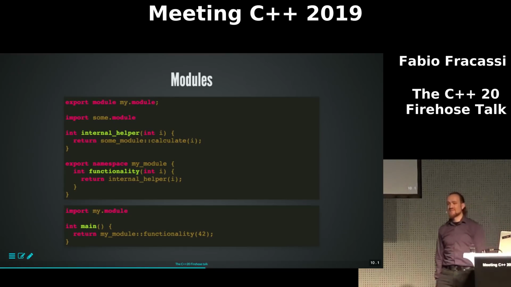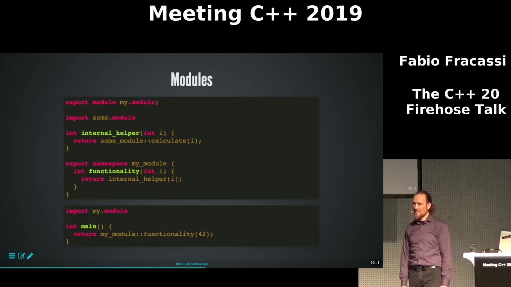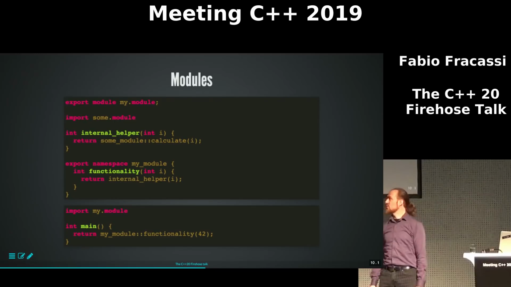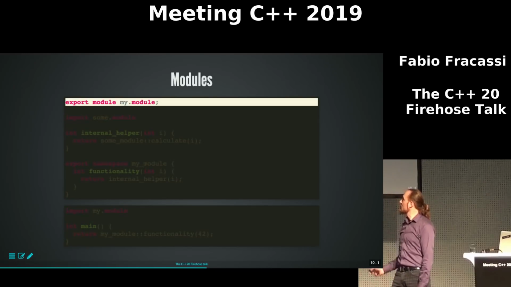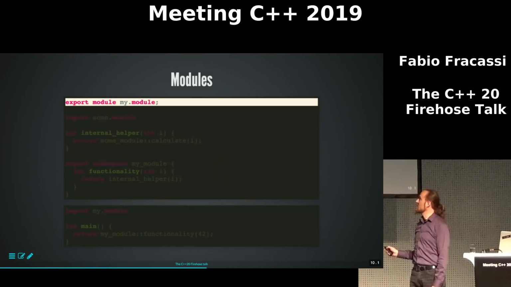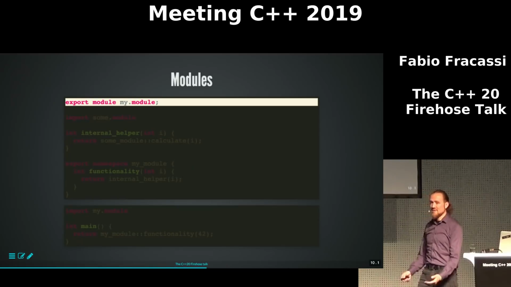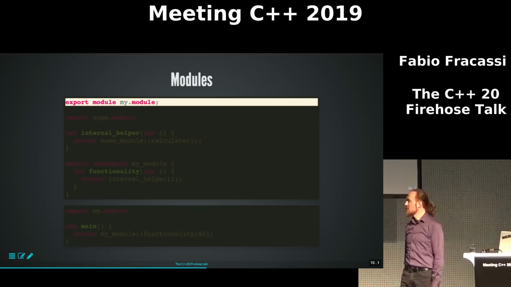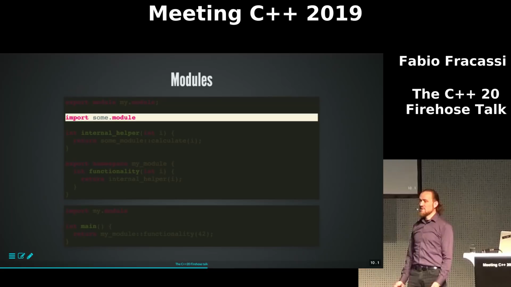Okay, the next big feature. So we have modules. Modules have a name. You say, I have my module. I say I want to export this, so this is an interface module. Then you can import other modules.